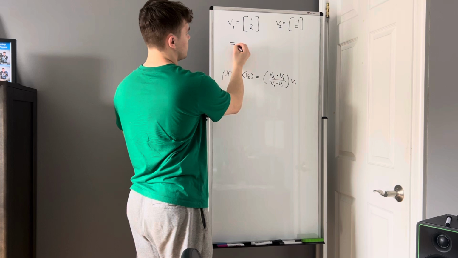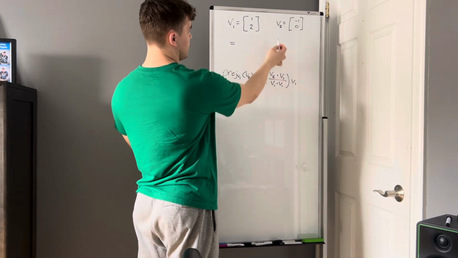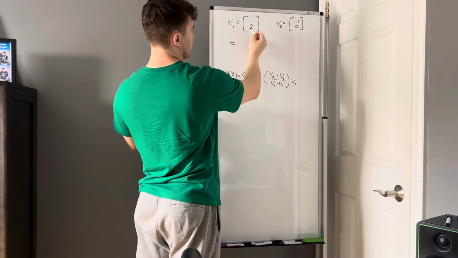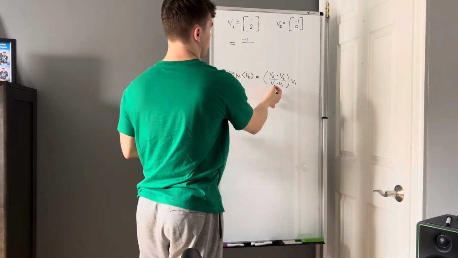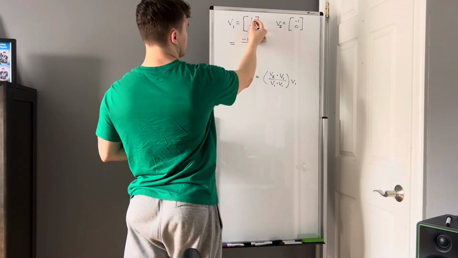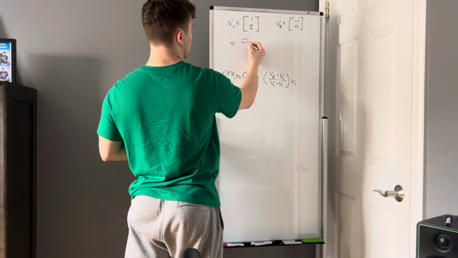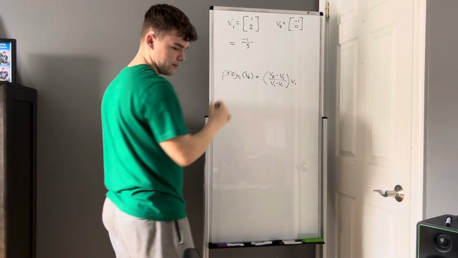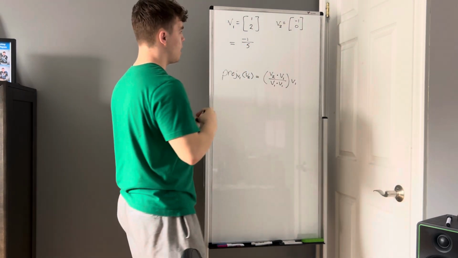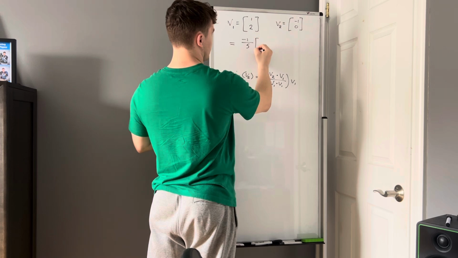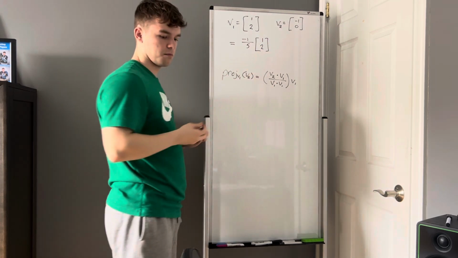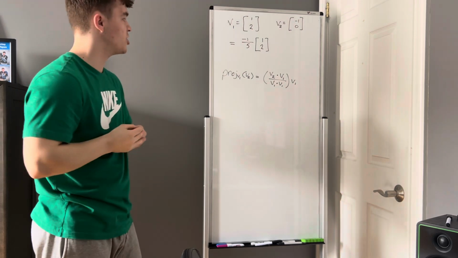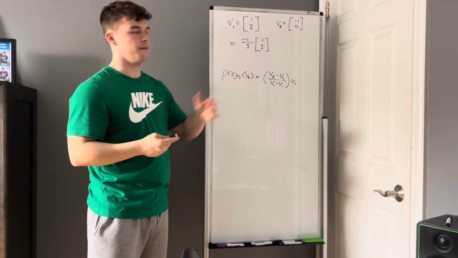Well, this is simple. v2 dot v1 is minus 1 plus 0, so minus 1, divided by v1 dot v1, which is 1 plus 4 is 5. And our vector v1 is 1, 2. There's our projection of v2 on v1.